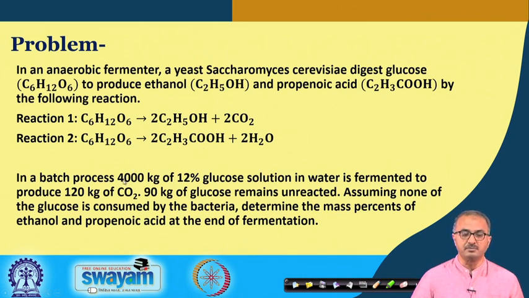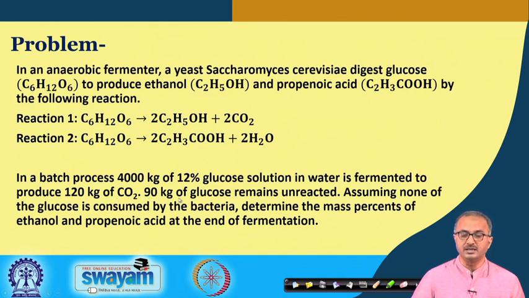acid. So, it has been mentioned that 4000 kg of 12% glucose solution in water, that means we are given the composition of the feed, 12% glucose, and the rest, 100 minus 12, that is 88%, is water, is fermented to produce 120 kg of carbon dioxide.